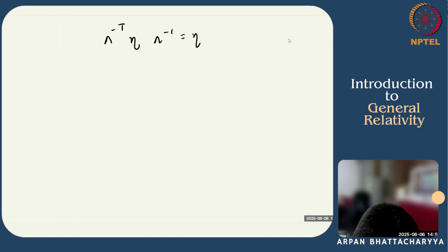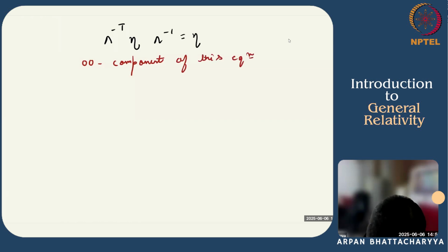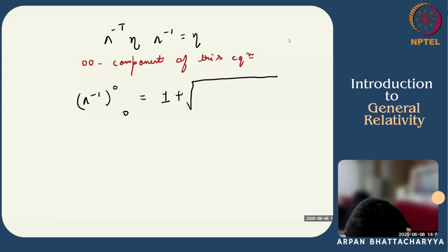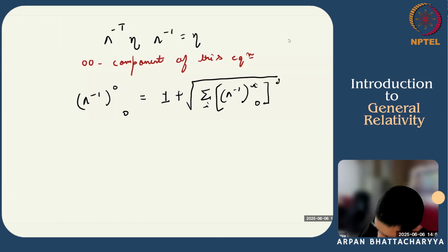So similarly, we take the 0 0 component of both sides of this equation, which will give that lambda inverse 0 0 is equal to the same relation for the elements of lambda inverse. And why the plus sign? Because we are considering the orthochronous Lorentz transform.